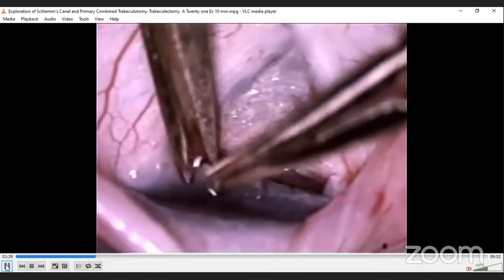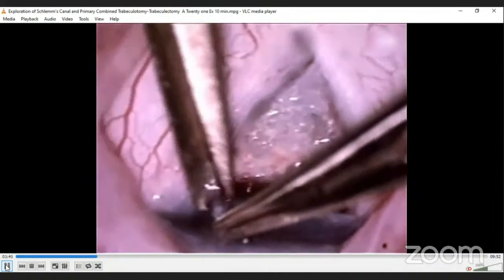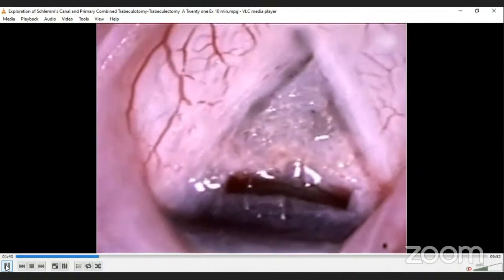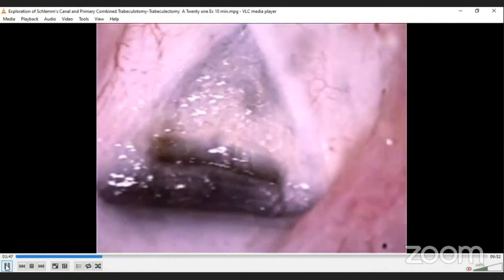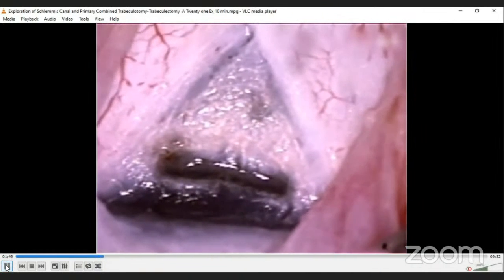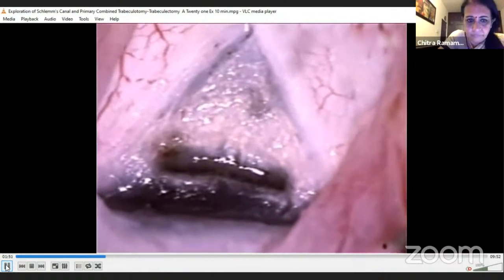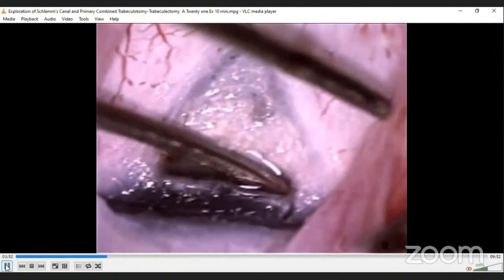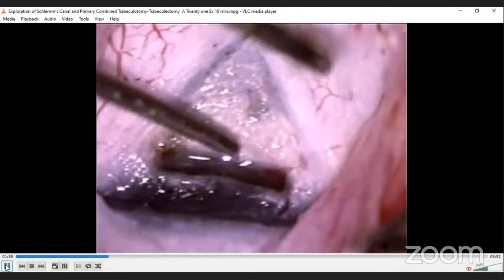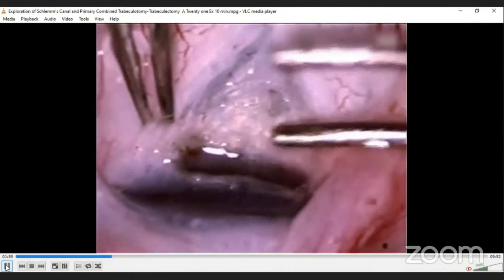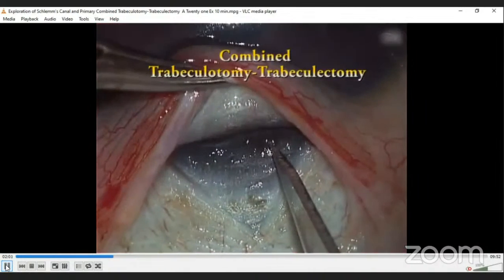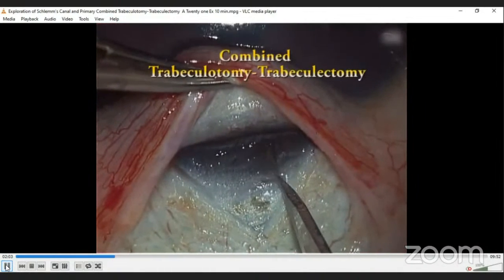Now you can see what we have done in this segment is the superficial wall of Schlemm's canal has been removed. What follows now is the surgical technique of primary combined trabeculotomy and trabeculectomy. Here we are confirming that yes, Schlemm's canal has been dissected properly.